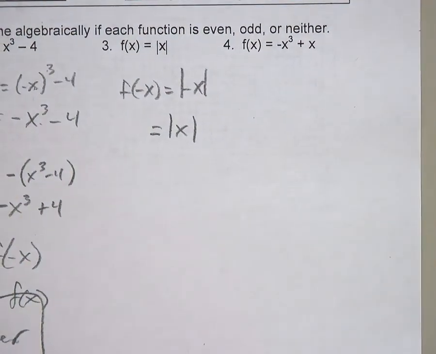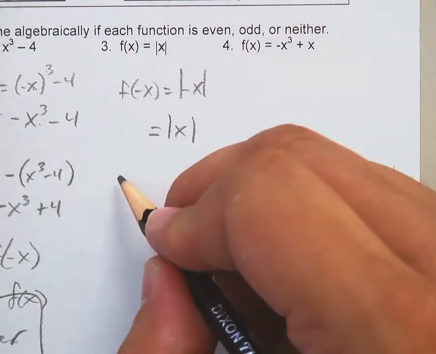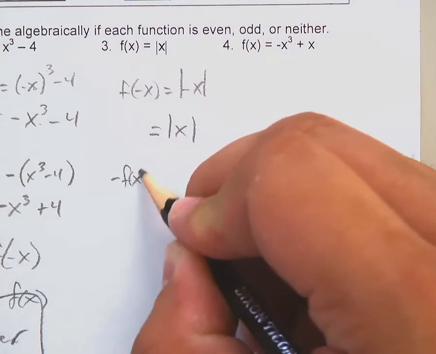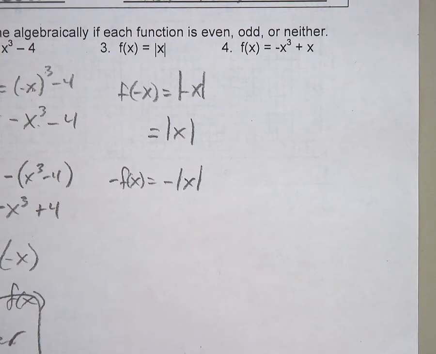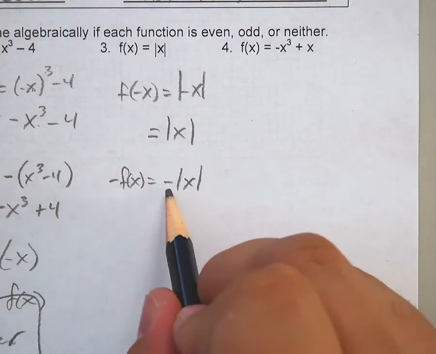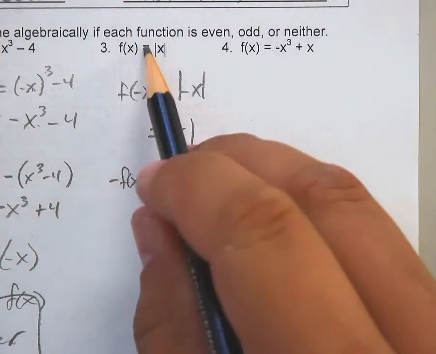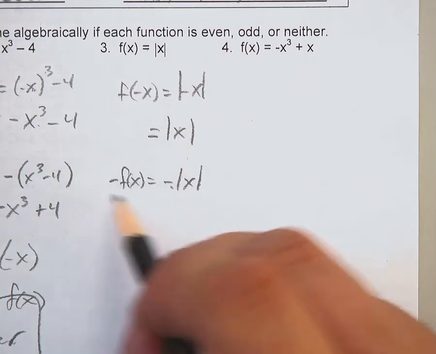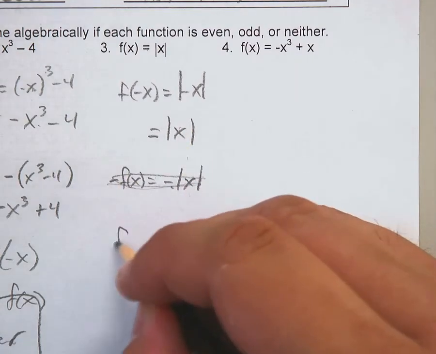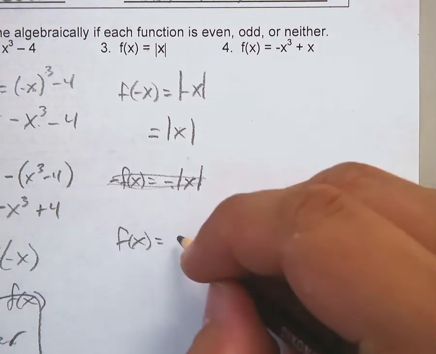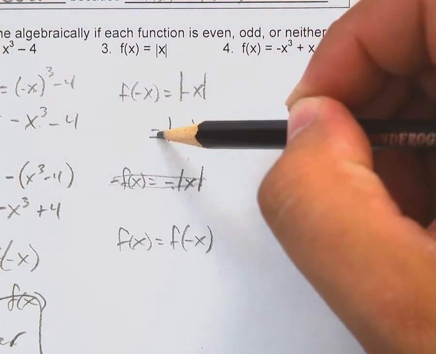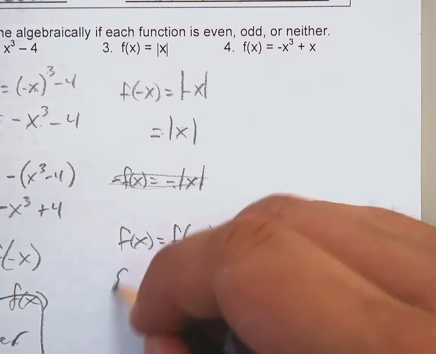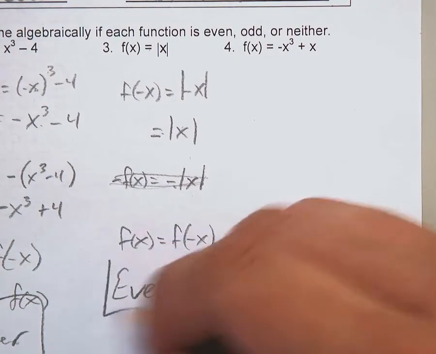It gets rid of negatives. What if you put a negative on the outside? Well, that's just negative absolute value of x. That doesn't match with what this guy has here. So I'm going to say, since f of x is equal to f of negative x, this guy is equal to this guy, that this whole equation is even.